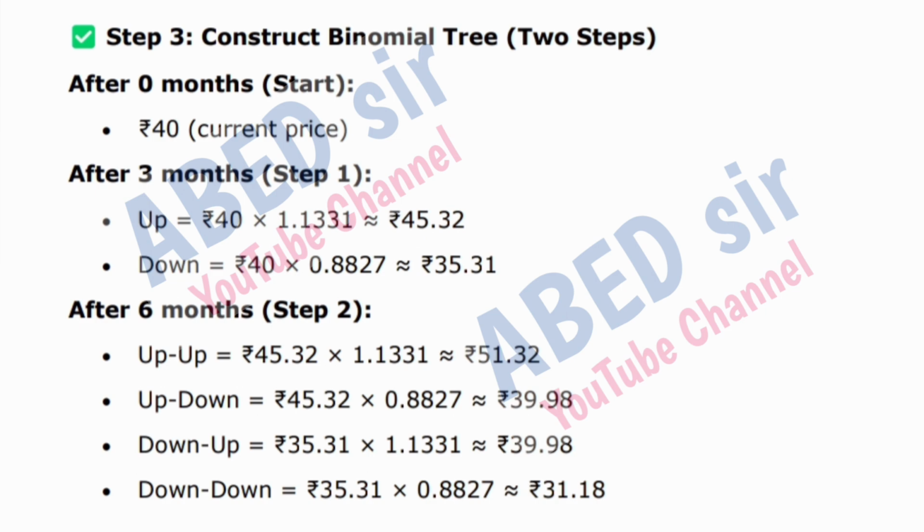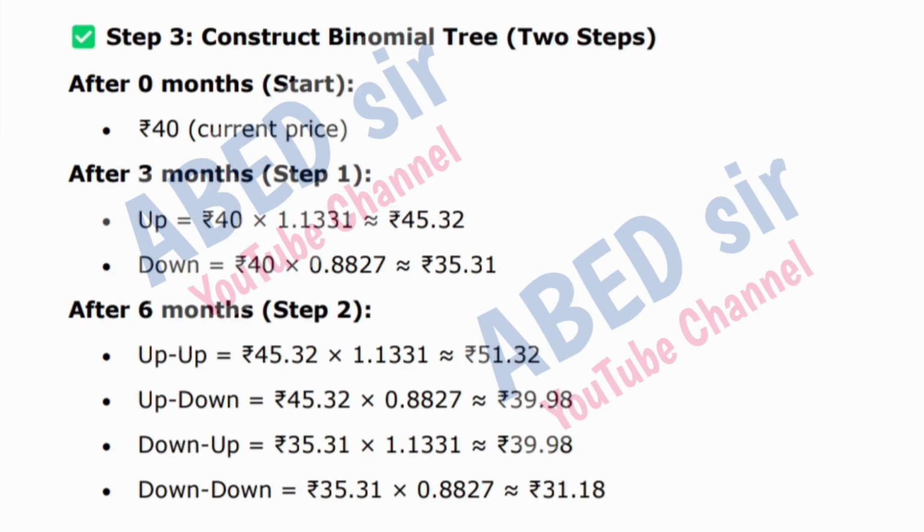After 6 months, step 2. Up-up is equal to 45.32 times 1.1331, which is 51 rupees and 32 paise. Up-down is equal to 45.32 times 0.8827, which is 39 rupees and 98 paise.